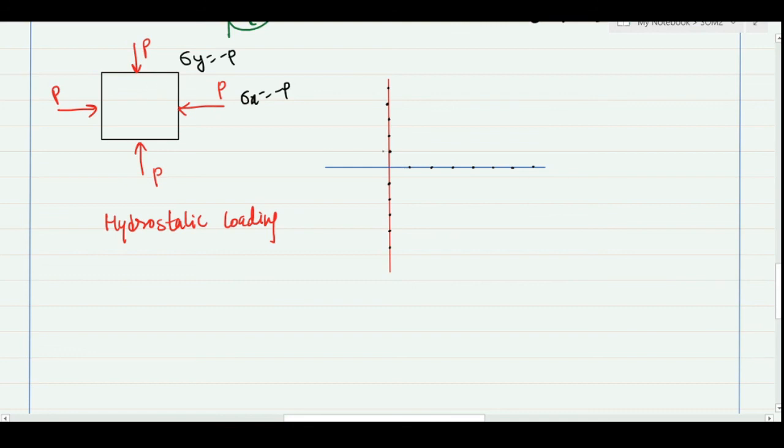So when I try to locate this on my x and y axis, this is normal and this is shear. Both sigma x and sigma y will be at a point of magnitude minus p here. And as there is no shear, I will not be able to make any vertical line. That means in case of hydrostatic loading, the Mohr circle is a point only, and a point towards the compressive axis.